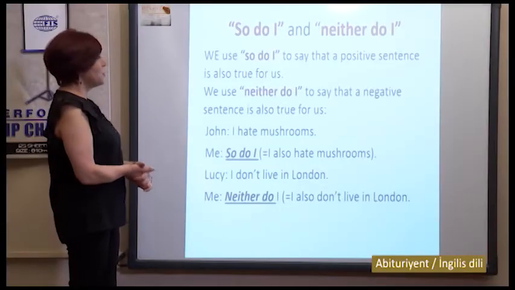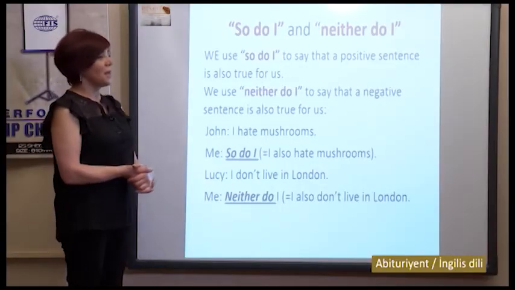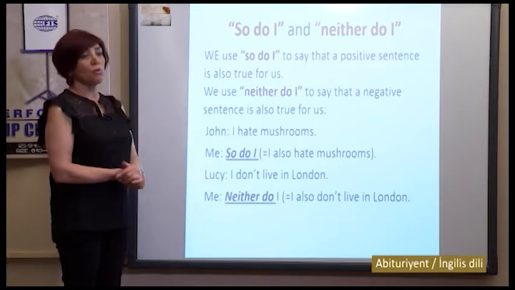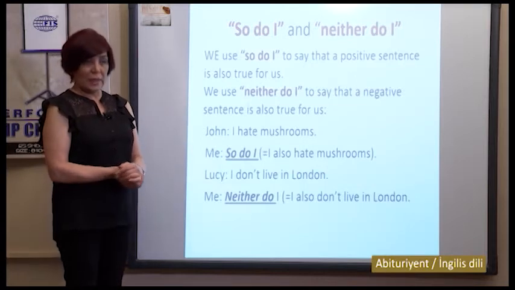Now let us once again look through and revise the formation and usage of "so do I" and "neither do I." From here you see that we use "so do I" to say that a positive sentence is also true for you, and "neither do I" for a negative sentence that is also true for you.